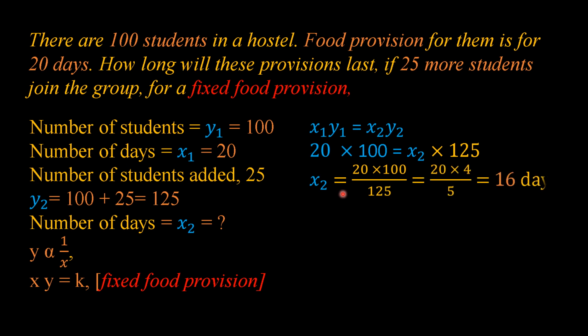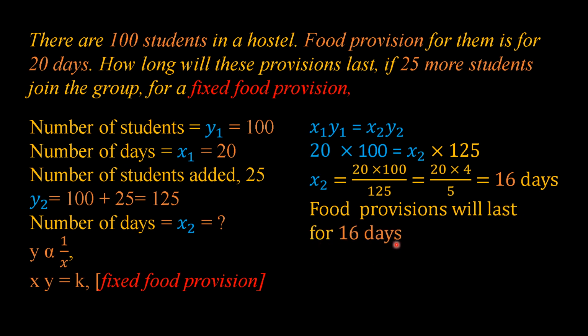So x2 becomes 20 multiplied by 100 divided by 125. 25 fours are 100 and 25 fives are 125 and 5 fours are 20, and 4 multiplied by 4 is 16. So x2 is 16 days. That is, the food provisions will last for 16 days for 125 students.